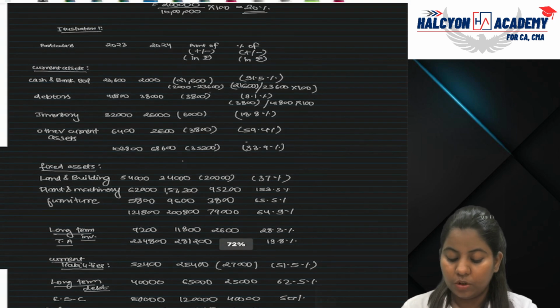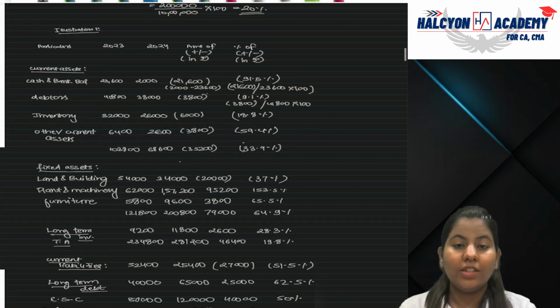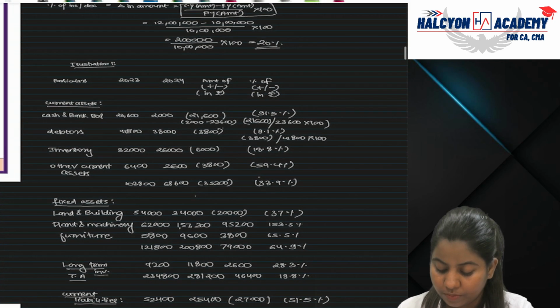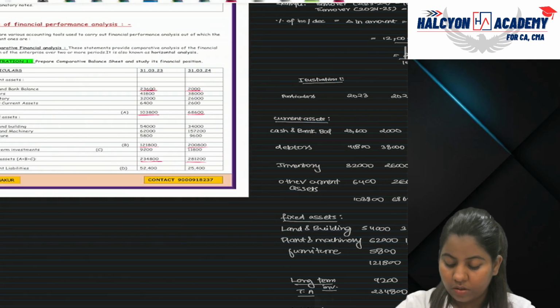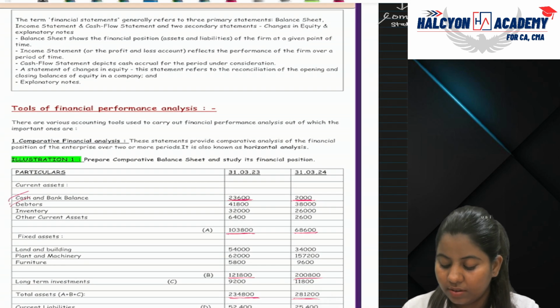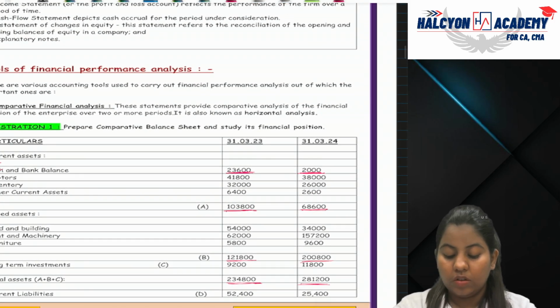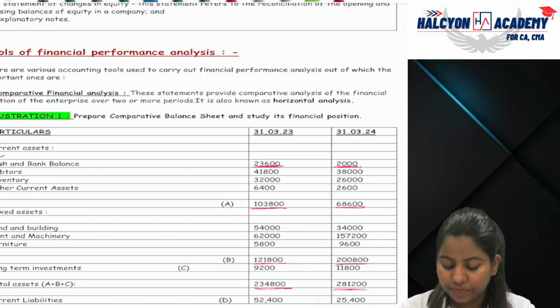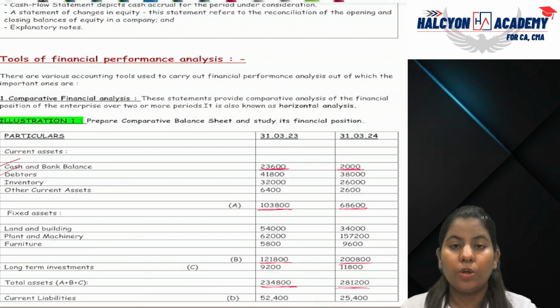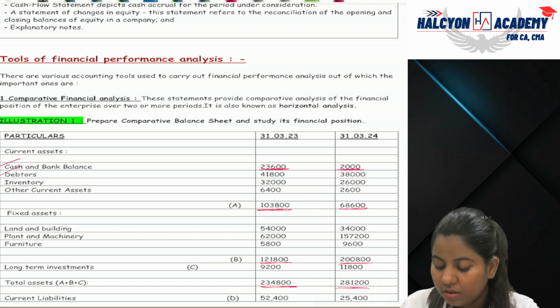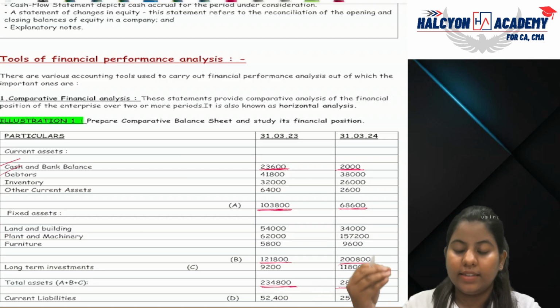Okay, so let's come to the conclusion. What is the conclusion of this? See, in the balance sheet itself, you can see that the total of current assets has decreased.